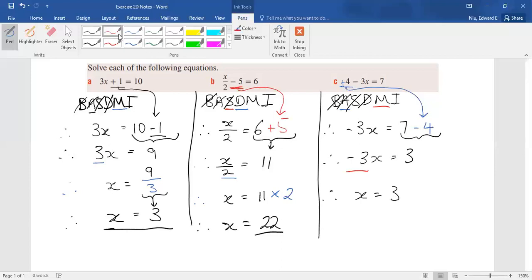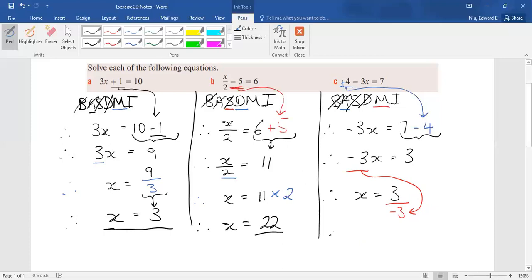We're not going to change the symbol from a negative to a plus. We just chuck it to the other side purely as it is, like so. And that's going to get our final answer. If you're questioning why, I'll explain in another video. Just for now, whenever you throw a negative multiplication or a division across, it stays negative.